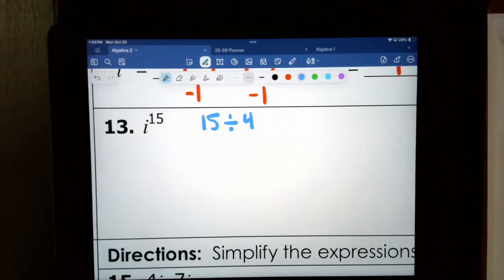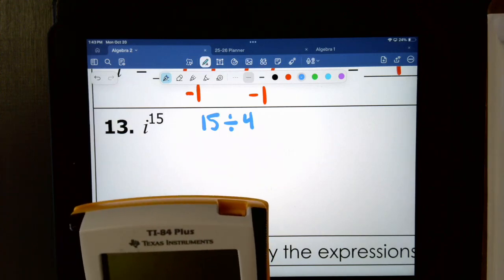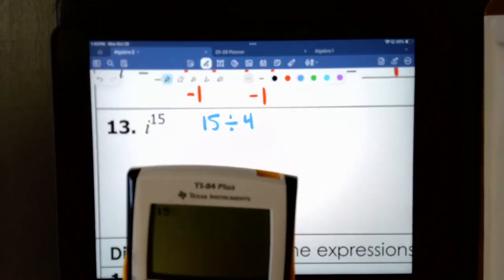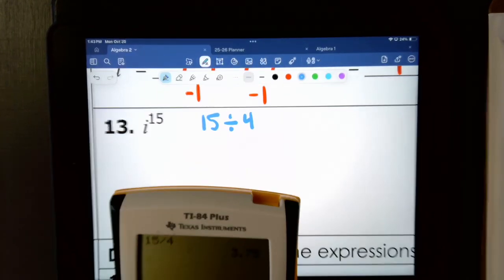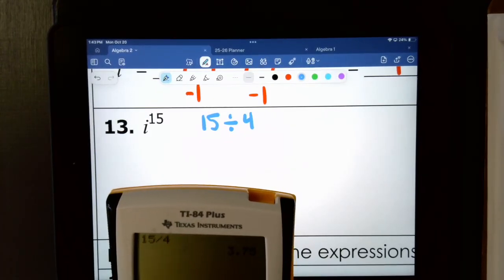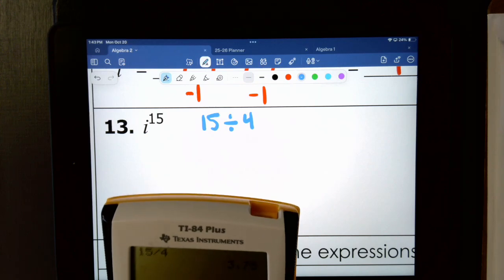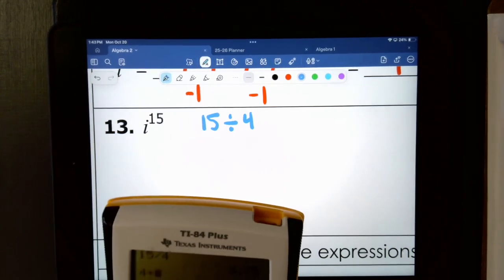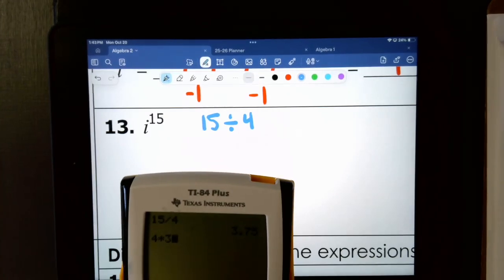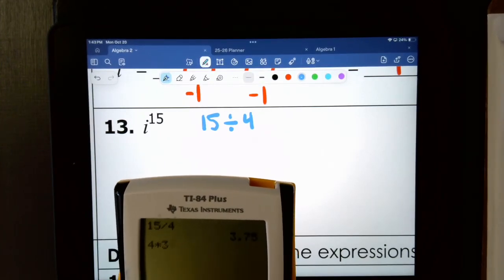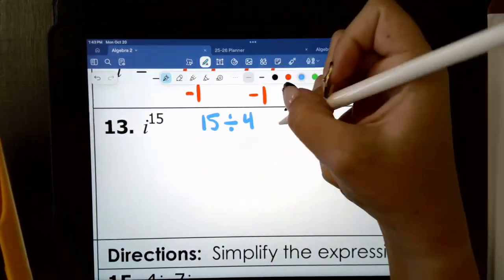Take your calculators. 15 divided by 4 is going to be what? 3.75. So, 4 times what? 3, which is what you got. So just do 4 times 3, which is 12.